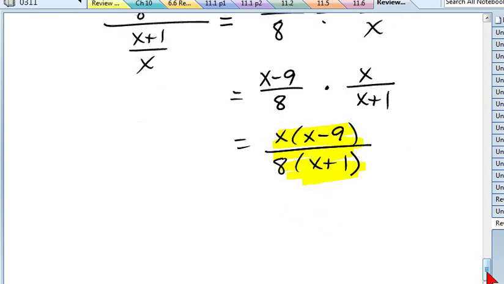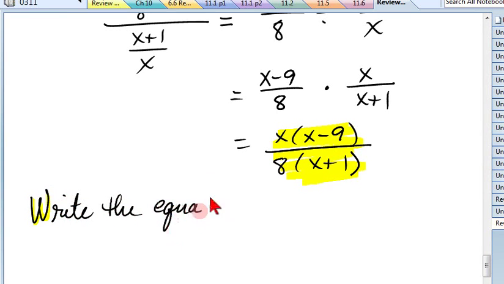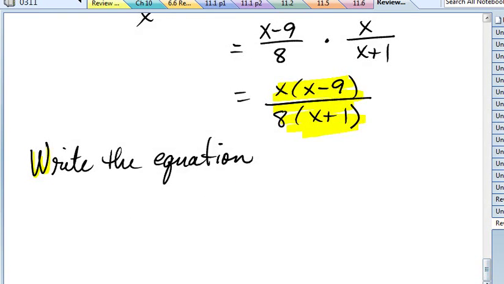All right, 17 through 22, it asks you to write the equation. When I write the equation of a line, I'm either going to have y equals mx plus b as an answer, or I'm going to have y equals a number or x equals a number.